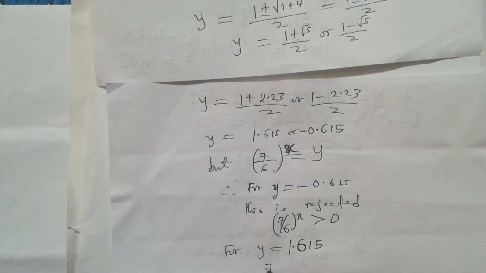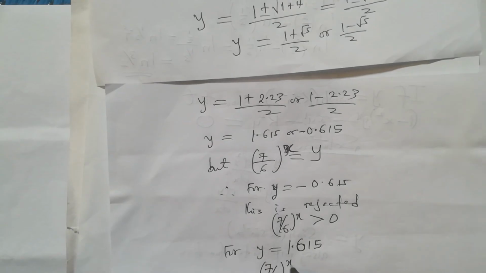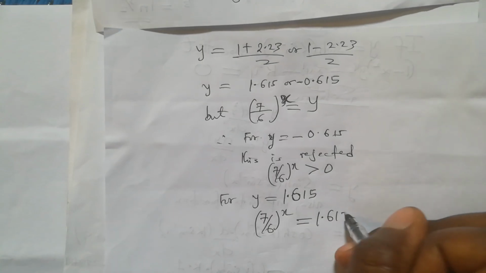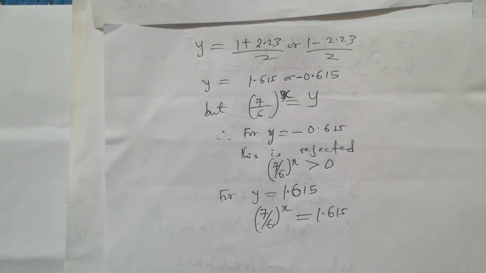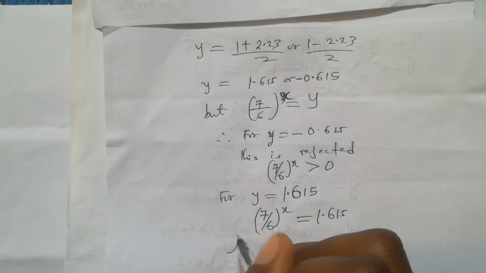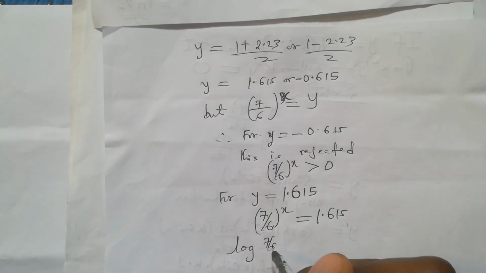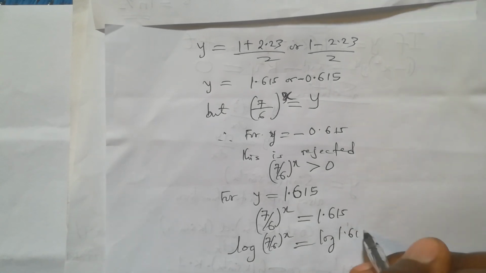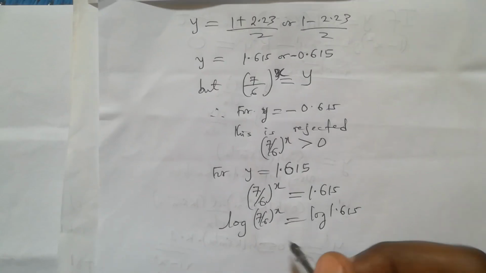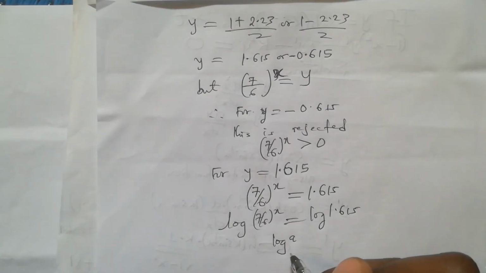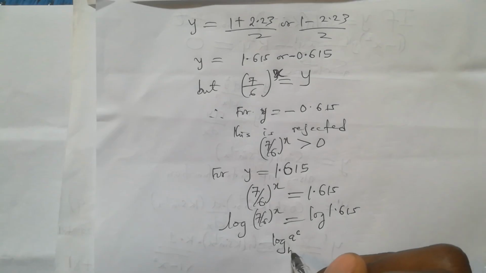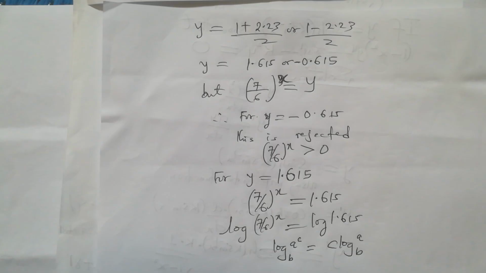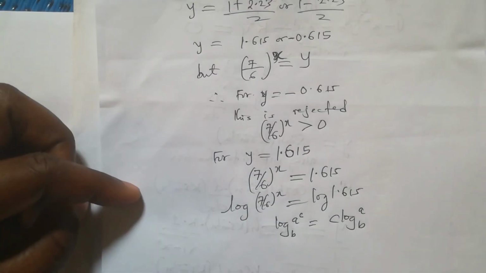So our y now is 7 over 6 to the power of x is equal to 1.615. So let's try and take the log of both sides. So the log of 7 over 6 to the power of x is going to be log of 1.615. You get it? So we know from logarithm, when we have log a to the power of c base b, we are going to have c log a base b. You get it? So in that case we can apply it here.